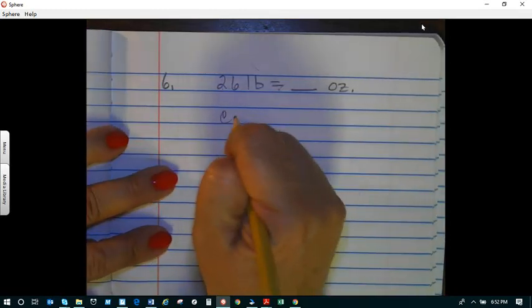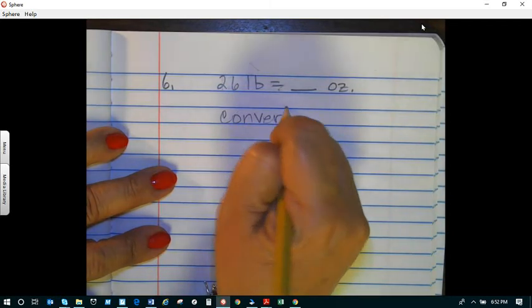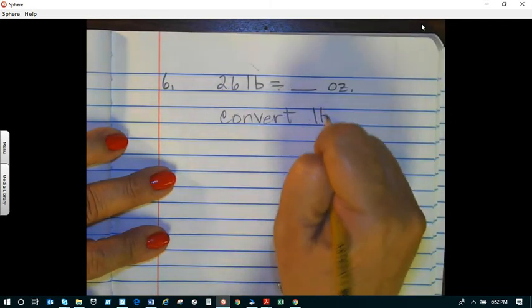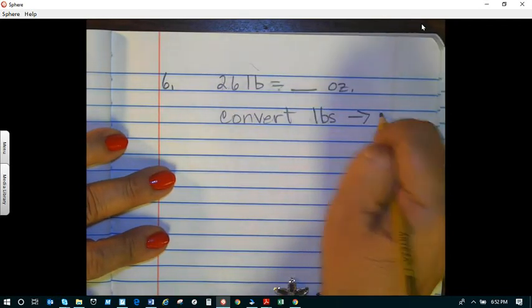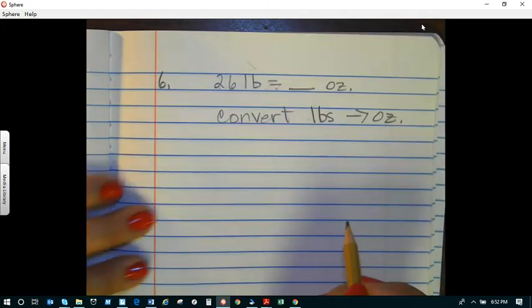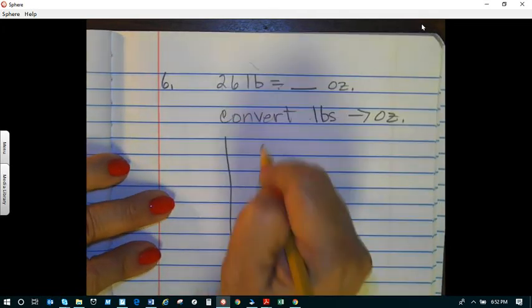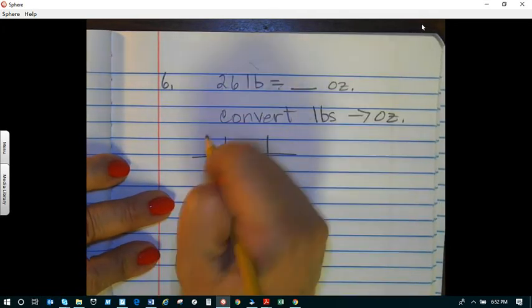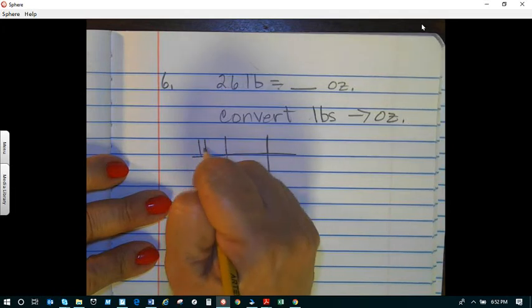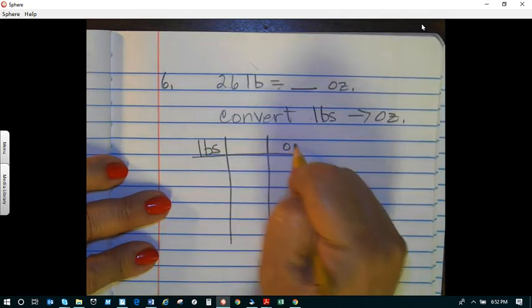All right. Well, I'm going to convert pounds, that's LBS, to ounces, OZ period. Make my handy-dandy input-output table. So, in with the pounds, out with the ounces.